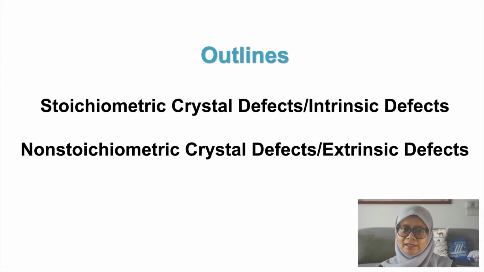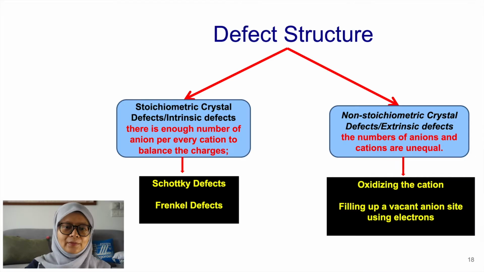Crystal defects. In this part 3, we are going to discuss the stoichiometric crystal defects, also known as intrinsic defects, and the non-stoichiometric crystal defects, also known as extrinsic defects. So what are stoichiometric crystal defects, or intrinsic defects?